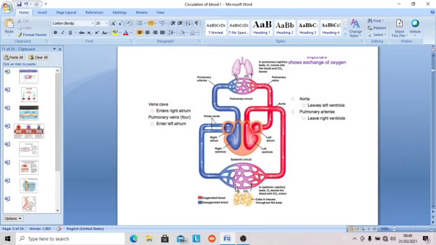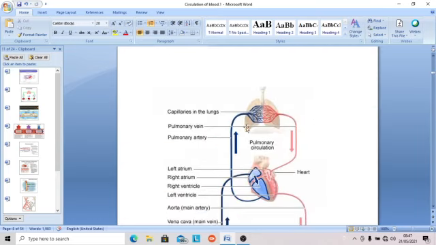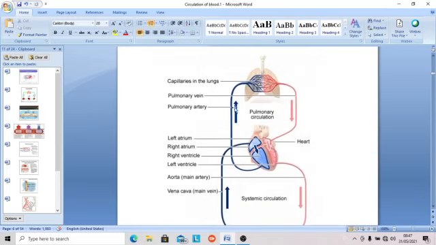Because CO2 has entered, it will turn violet color, and the oxygen has gone out into the tissues. Then it is the venous end of the capillaries, then venules, and then veins, again coming back to the superior and inferior vena cava and the right atrium. So grossly, this is the circulation.